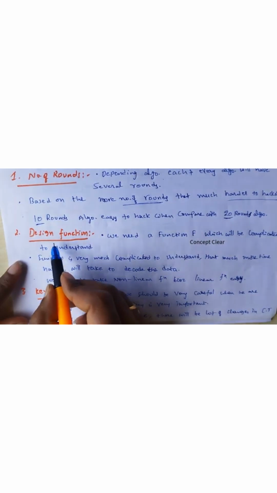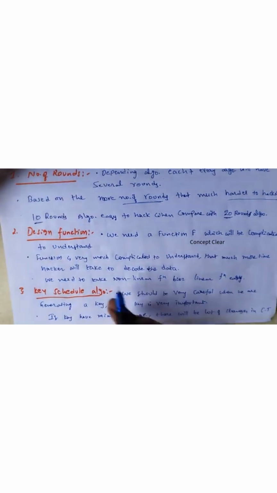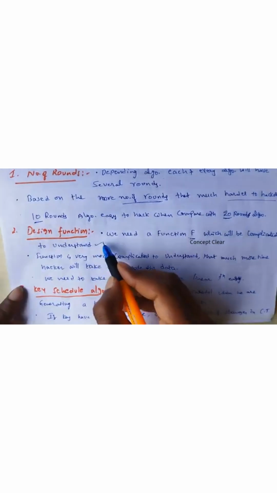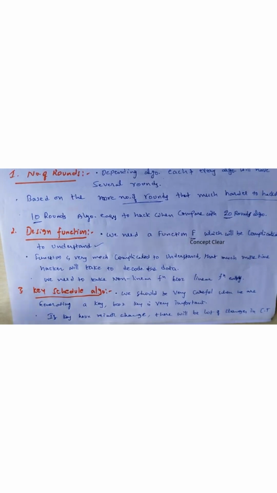Okay, the second principle is the design of the function. Design of the function means here we need a function f which will be complicated to understand. If the function is very complicated to understand, the hacker will take that much more time to decode the data.